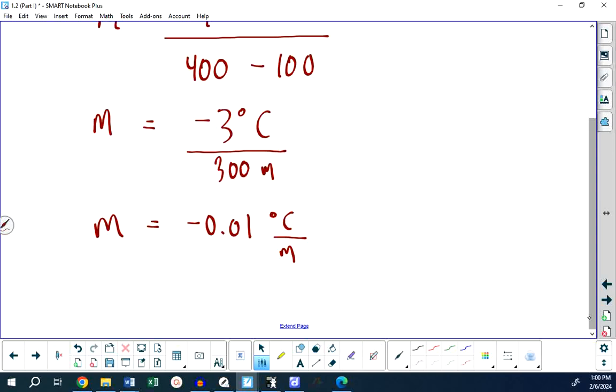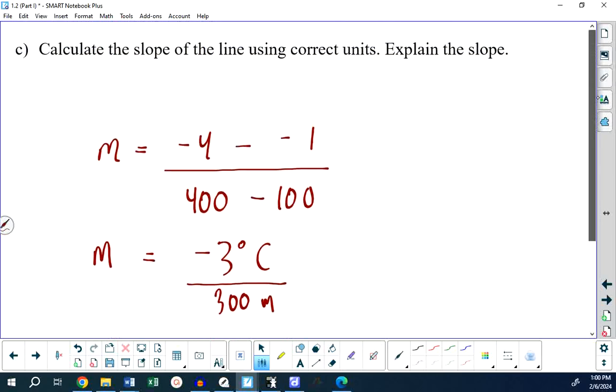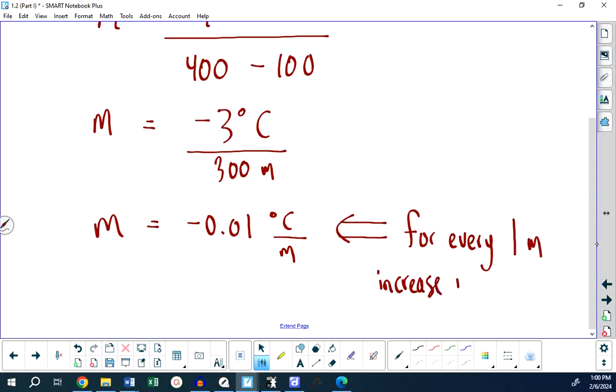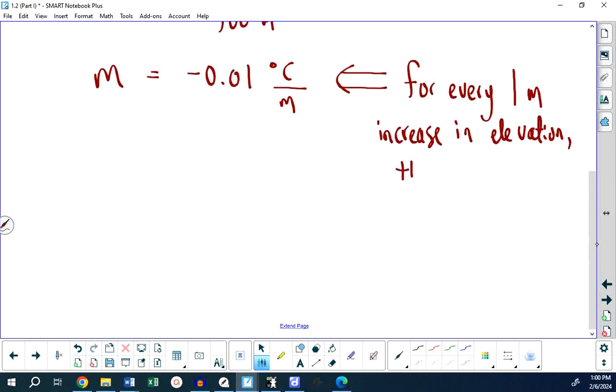Let's explain what that means. All right, explain the slope. For every 1 meter increase in elevation, the temperature does what?